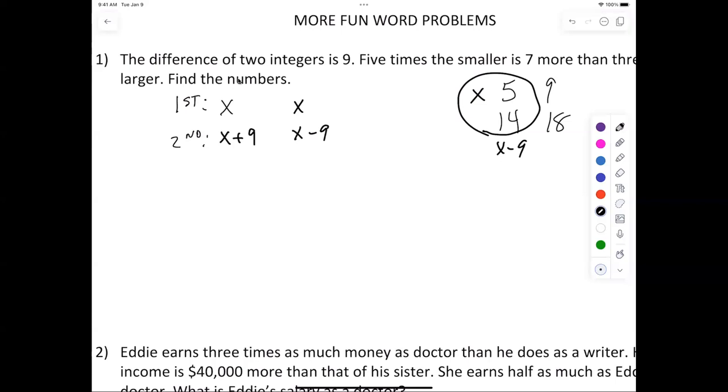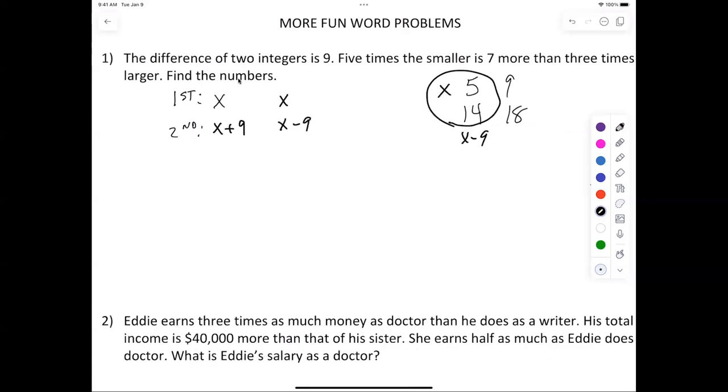Now, once you establish a relationship between the 2 numbers, we're going into the second phase. 5 times the smaller. How do I represent 5 times the smaller? 5x. What does "is" mean in math? Equals.